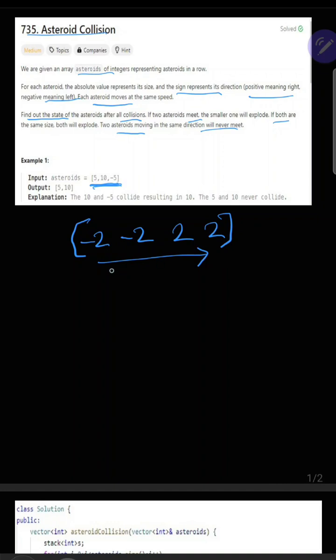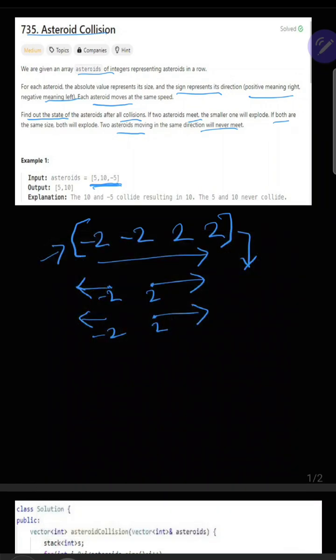This one is a tricky one, as the -2 is moving in the left direction, so they will never collide, and this 2 is moving in this direction, this 2 is moving in this direction. They will never meet. So the answer of this problem will be the same as the asteroid array.